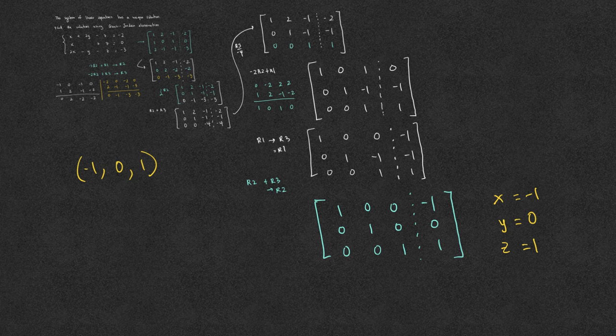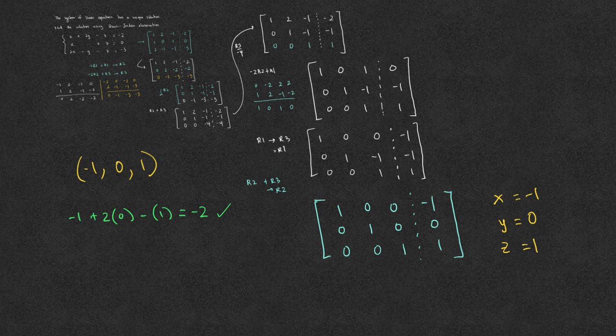We still need to double check our work using the given system of equations. We plug in these x, y, and z. The first equation states x plus 2y minus z. Simplifying this, we obtain -2, and the right-hand side of the given equation is -2, so this checks out.